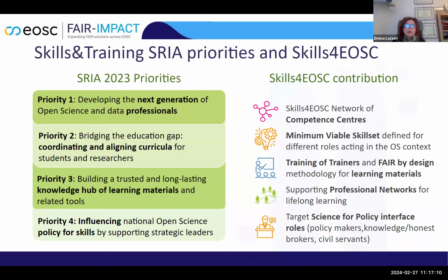As I was saying before, in the project, we not only target researchers, but we have a special work package that is working on targeting science for policy interface roles. So not only policymakers, but also knowledge and honest brokers and the civil servants.